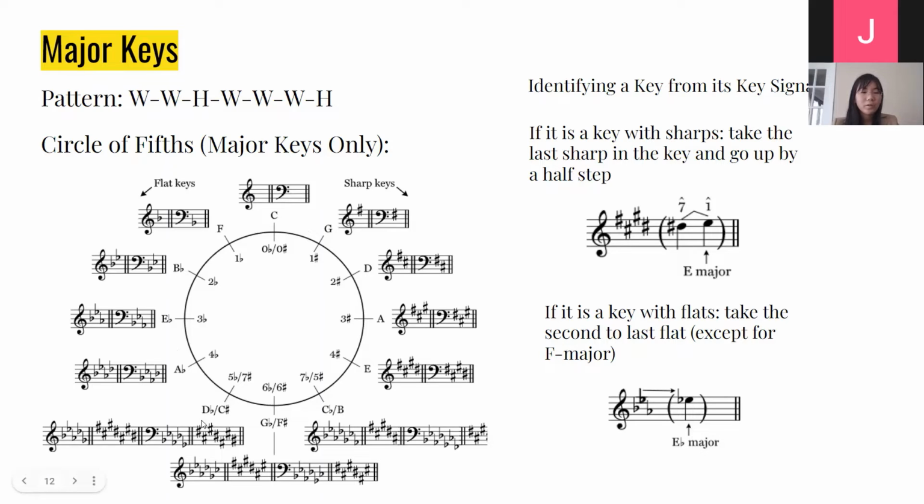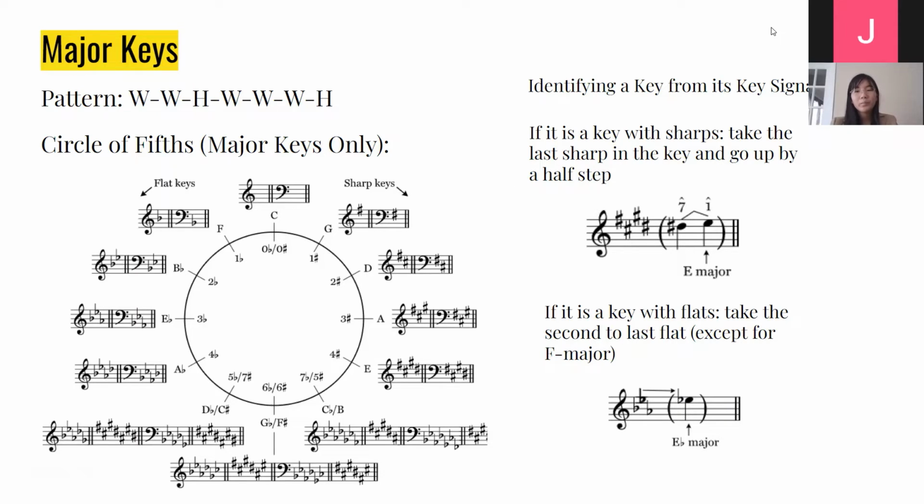And if you see this, you can notice that they are enharmonic equivalents. So technically, if you play the scale for this, the notes will be equivalent to what you would play when you have a key signature like this for the major scale.